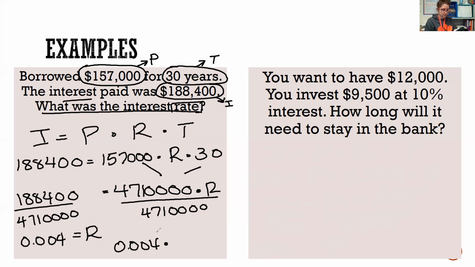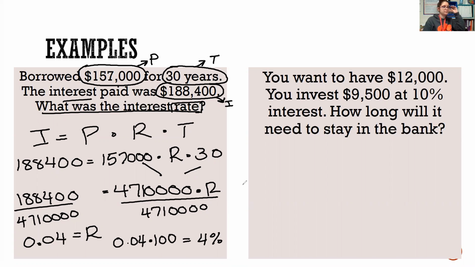Okay, let's try this again. 188,400 divided by 4,710,000. Okay, see, this is why you need to be very careful. I'm not going to edit this out, just so you know. You need to be very careful with your calculator, with your decimal points, with your zeros. I left out a 0, so my number was off. Okay, so 0.04 times 100 gives us that we had a 4% interest rate.